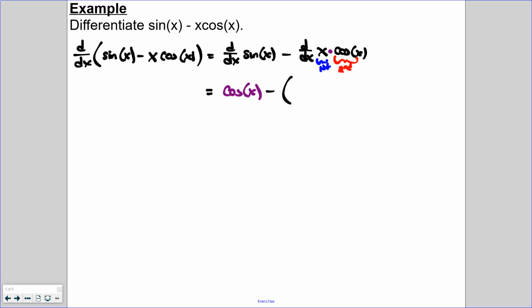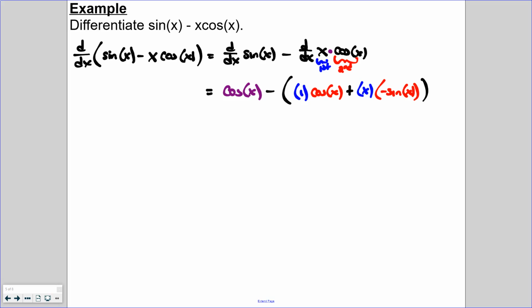So again, that's why we're going to use the parentheses here. Now let's see, the derivative of x is going to be 1 times the second function, which is cosine of x, plus our first function, which is x, times the derivative of cosine, which is negative sine of x.